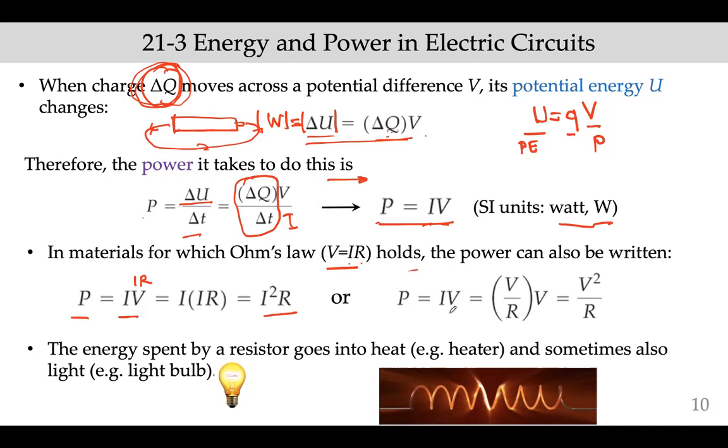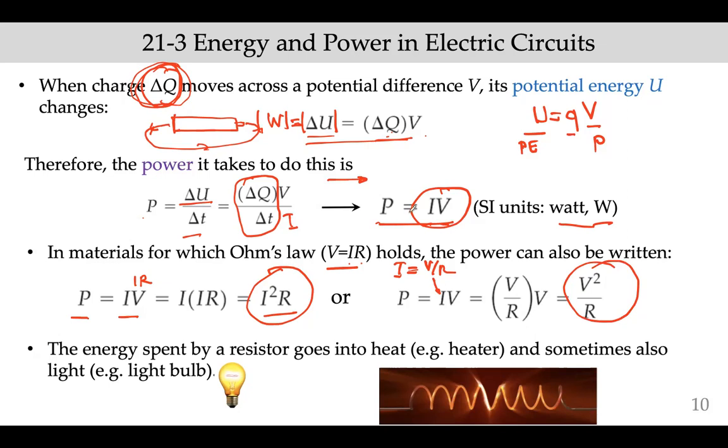The other option is, if you again use Ohm's law in the form I equals V divided by R, and plug it in here, you would get V divided by R times V. So it will be V squared divided by R. So there are three forms, and they are equivalent.